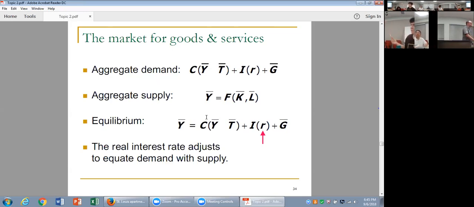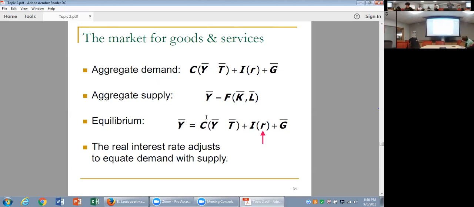Because Keynesian expansionary fiscal policy represents changing this G, and Keynesian monetary policy means changing the R to change the I. But even in this R here in the classical model, it is determined by market forces. In the Keynesian model, R is determined by a central bank. Central banks didn't have much of a purpose before Keynes. They printed money and did other things like that, but nothing more than that.